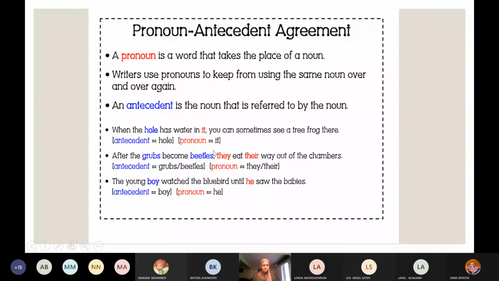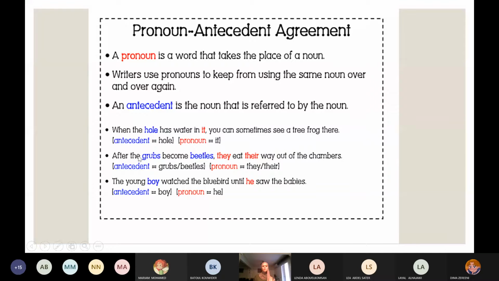Here, does they refer to the grubs or the beetles? Eat also refers to the beetles and grubs. So the antecedent is grubs and beetles, and the pronouns that replace them are they and their.